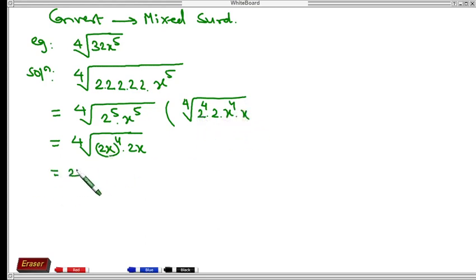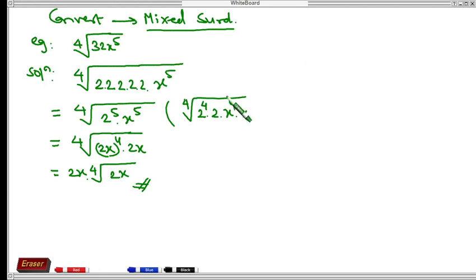That's why we can take 2x out: 2x times the fourth root of 2x. This is a mixed surd. In this way you can convert a pure surd into a mixed surd.